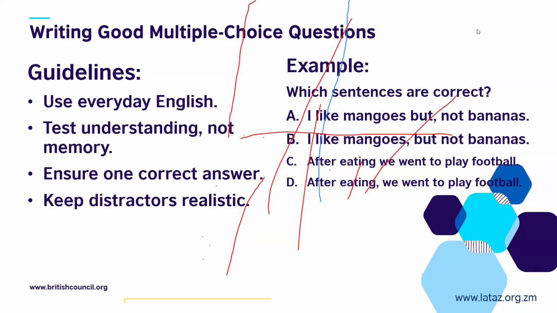D, after eating, we went to play football. Now, from these sentences, let's come to the chat box again. Which ones are correct? Which of these, A, B, C, D? I just want you to indicate the ones you feel are correct.